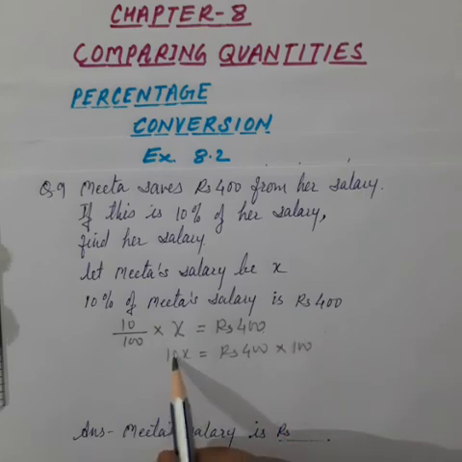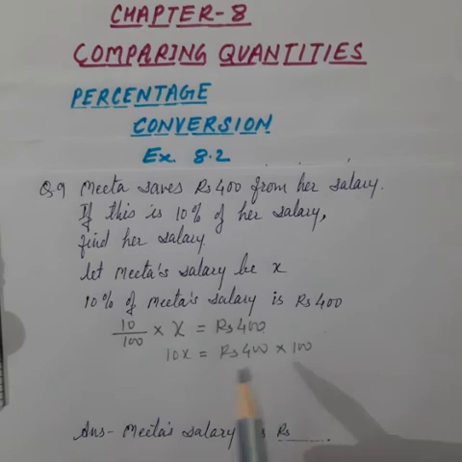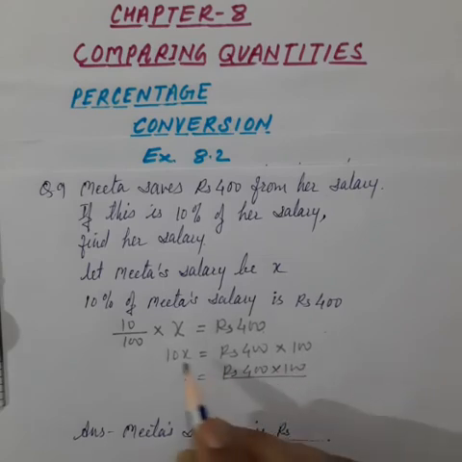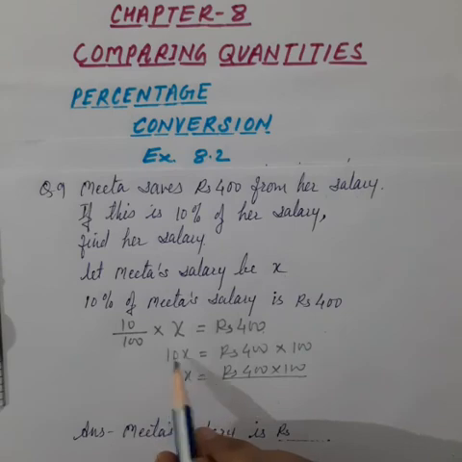Now we don't want this 10. Divide both sides by 10 or transfer this 10 to the right hand side. X equal to rupees 400 into 100, and this 10, which on the left hand side is in the numerator, will come in the denominator.